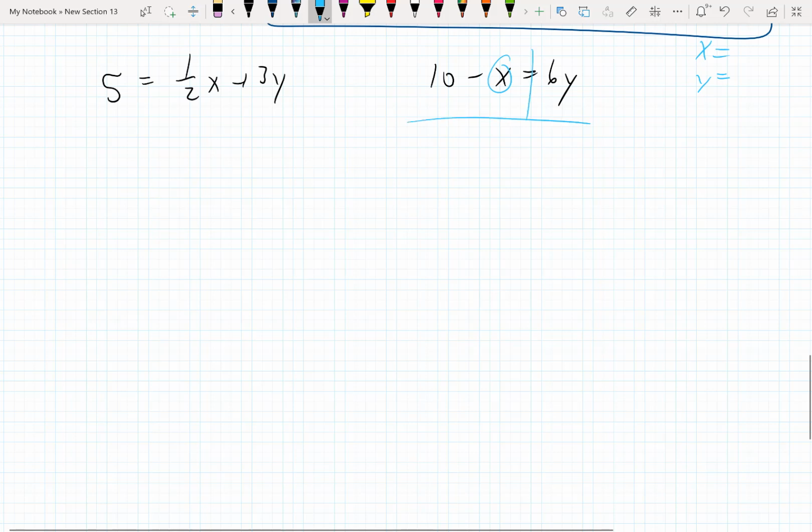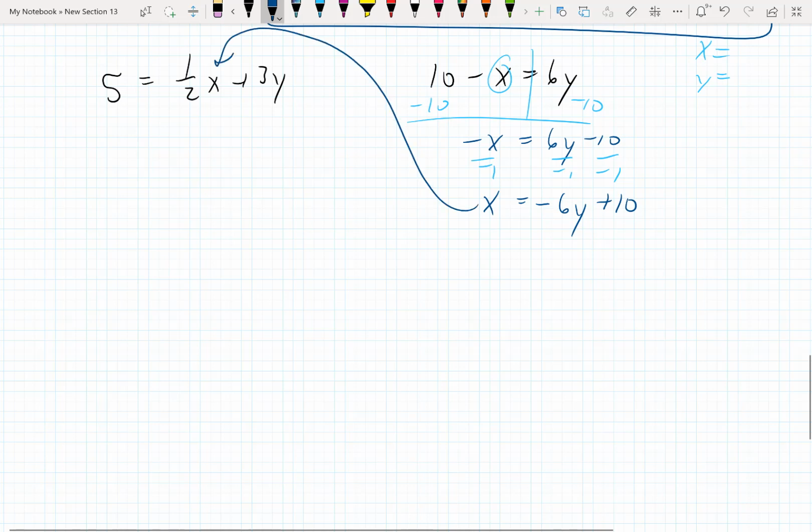So I'm going to go ahead and subtract 10 from both sides, and that'll get me negative x equals 6y minus 10. But then I have to divide everybody by a negative 1 because I don't want to know what negative x is. I want to know what positive x is. Well, that's negative 6y plus 10. So I got that. And then I want to substitute that into the other one.